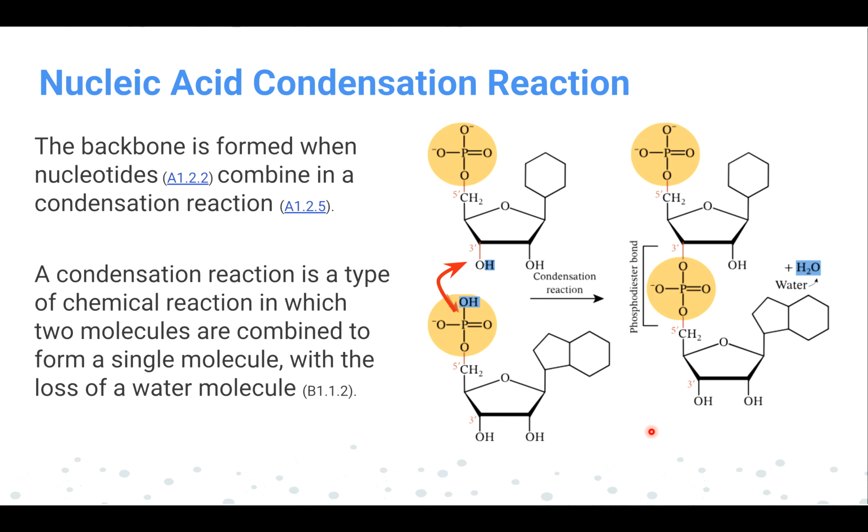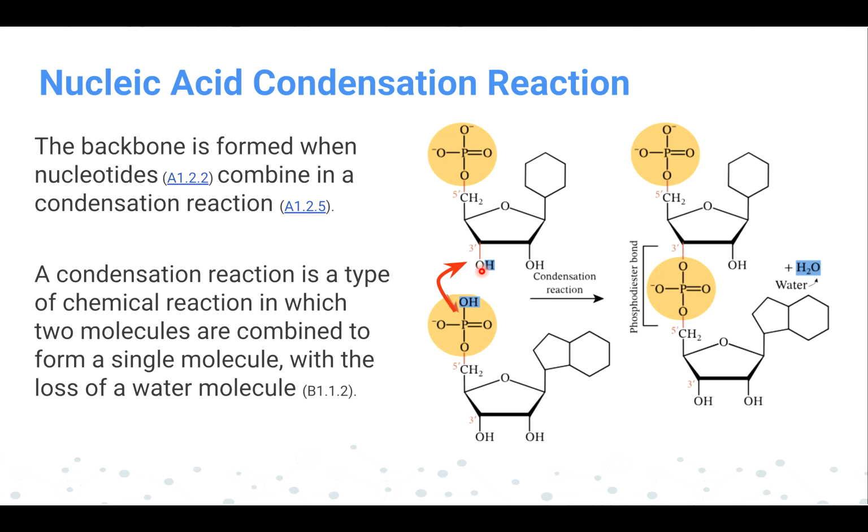So when the backbone is formed, what is happening? It is a condensation reaction. You can see the phosphate group is giving a hydroxyl group, and the 3rd carbon has OH, which is giving hydrogen. When hydrogen comes out from here and hydroxide ion comes from here, a water molecule is formed, and you can see the phosphate is now directly connected to the oxygen of the sugar molecule.